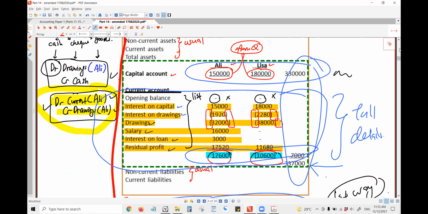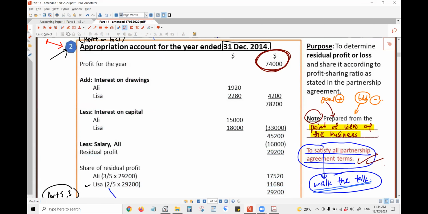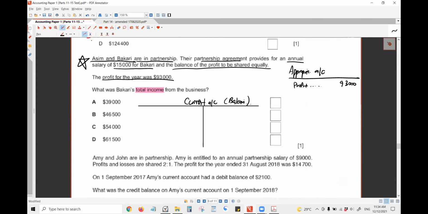Okay, I'm now doing this one, appropriation account. They say annual salary to Bakari is 15,000. So it's a figure that I have to minus here. Less salary to Bakari.